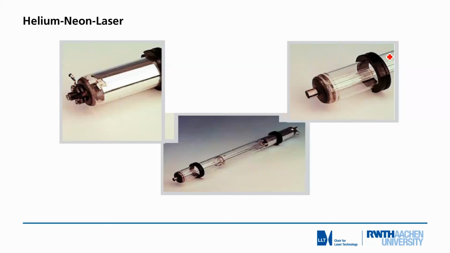Another example of a gas laser is the helium neon laser. This is a very tricky resonator because it has no external resonator. We use the gas tube as a resonator suspension and just melt and solder the mirror onto a metal holder.